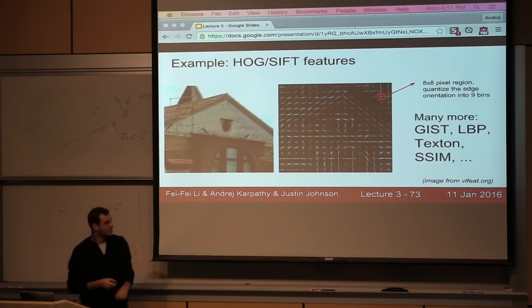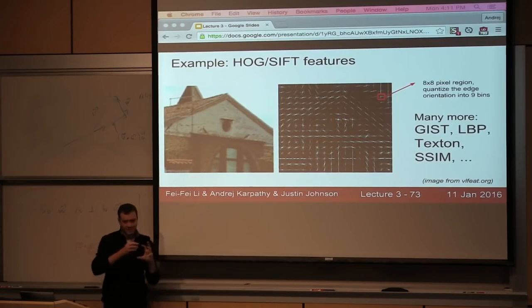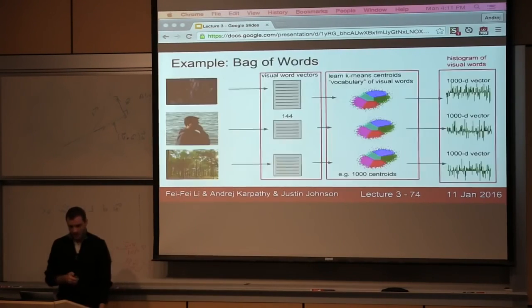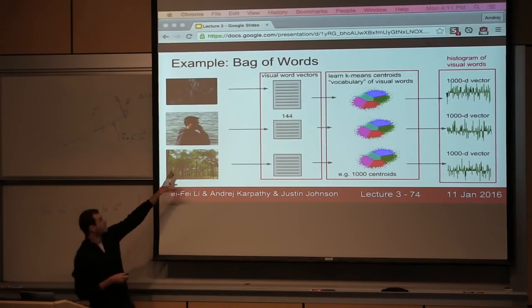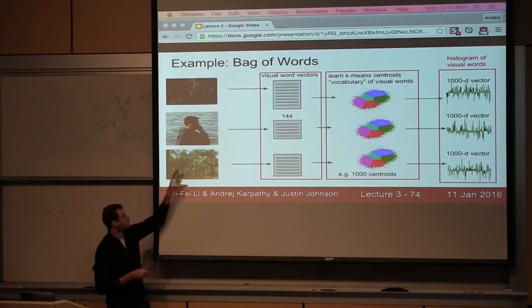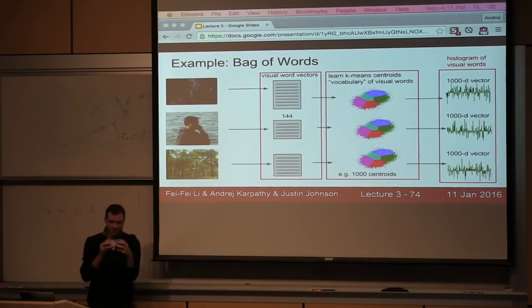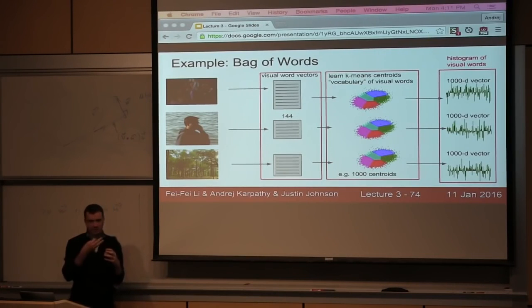Lots of different feature types were proposed over the years, such as LBP and texton, lots of different ways of measuring what kinds of things are there in the image and statistics of them. Then we had these pipelines called bag of words pipelines, where you look at different points in your image and describe a little local patch with some scheme that you come up with, like looking at the frequencies or the colors.